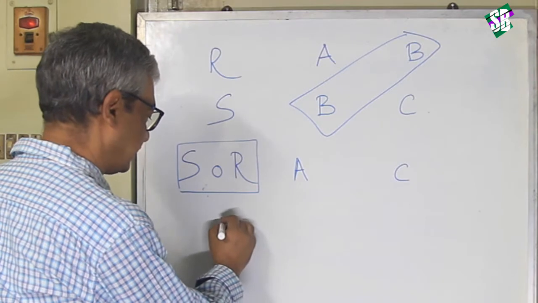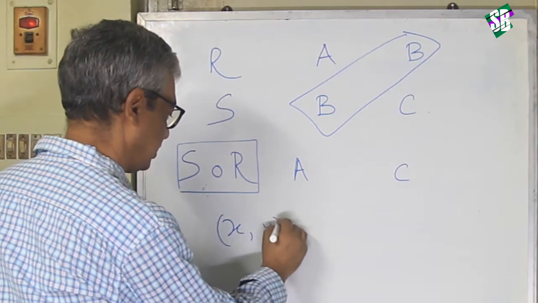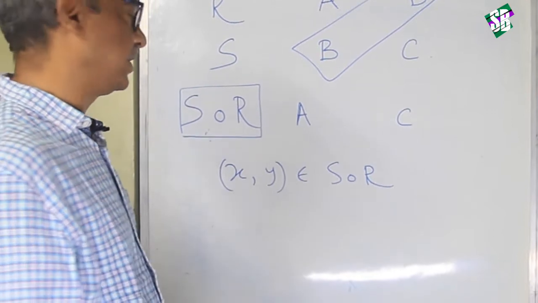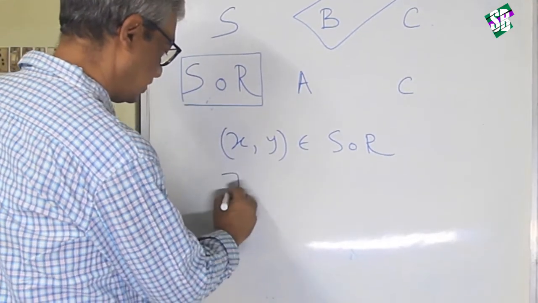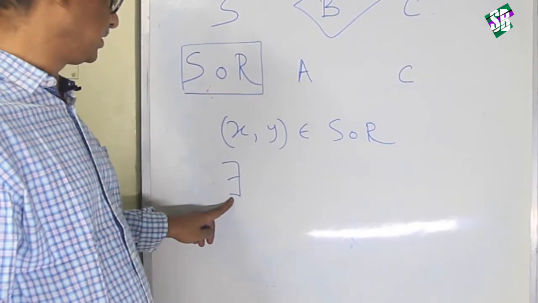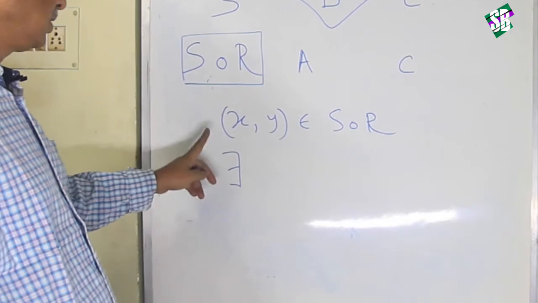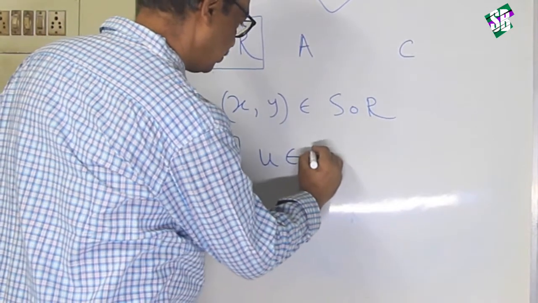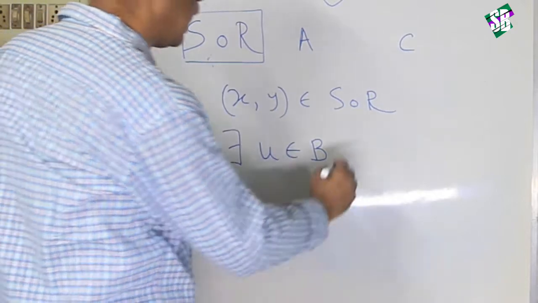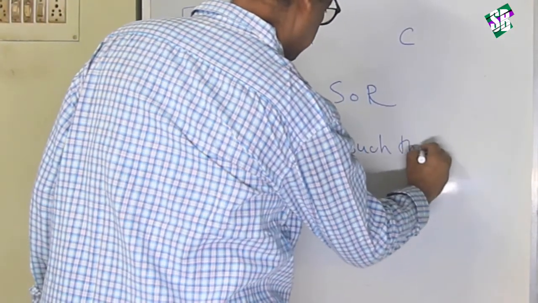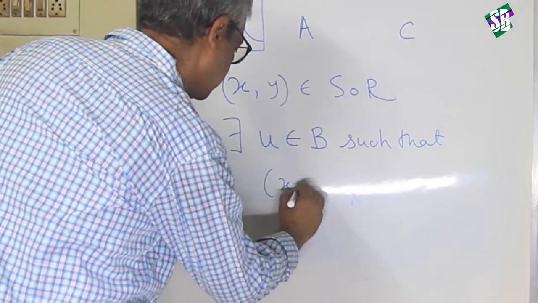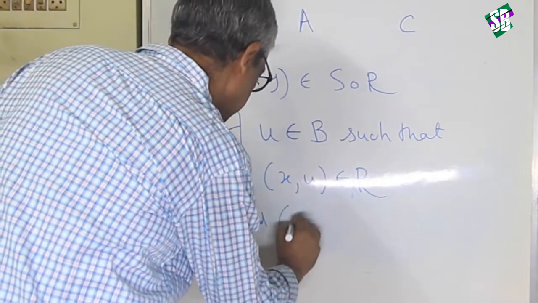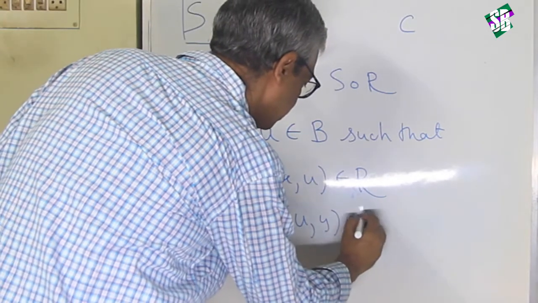If you say that (x, y) belongs to S o R, then this means that there exists an element, say name it u, belongs to B such that (x, u) belongs to R and (u, y) belongs to S.